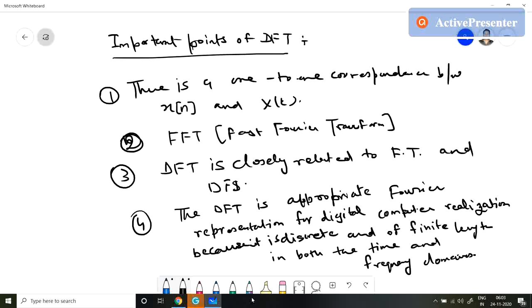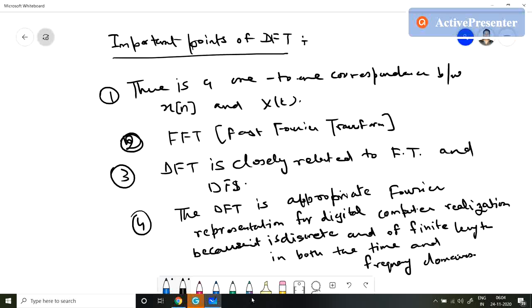So please note that the choice of N is not fixed. If x[n] has a length N1 less than N, we can assume that x[n] has a length N by simply adding N minus N1 samples with a value of 0. This is called dummy sample or zero padding.